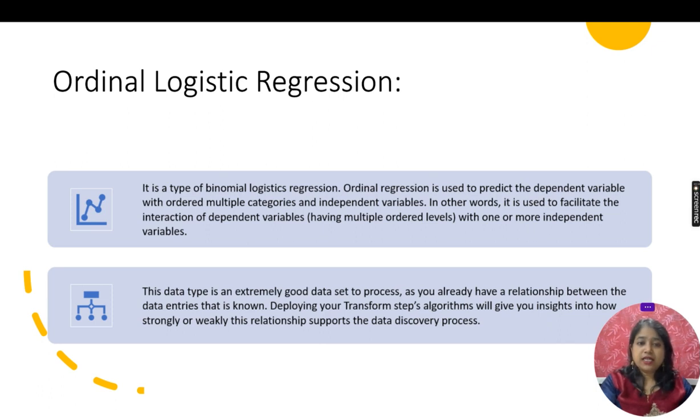This type is an extremely good data set to process, where you already have a known relationship between the data entries. So deploying your transform step algorithm will give you insight into how strongly or weakly this relationship supports the data discovery process.